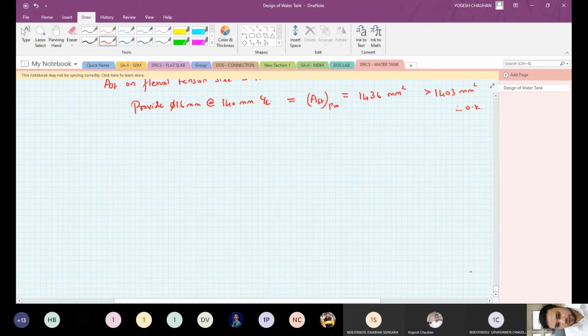Now we also have to check the minimum steel. We have to ensure that this value is more than the minimum steel, or else we have to provide the minimum amount of steel. So let us find minimum steel.